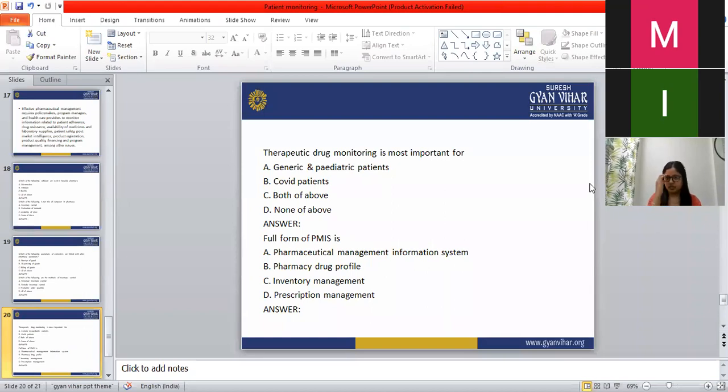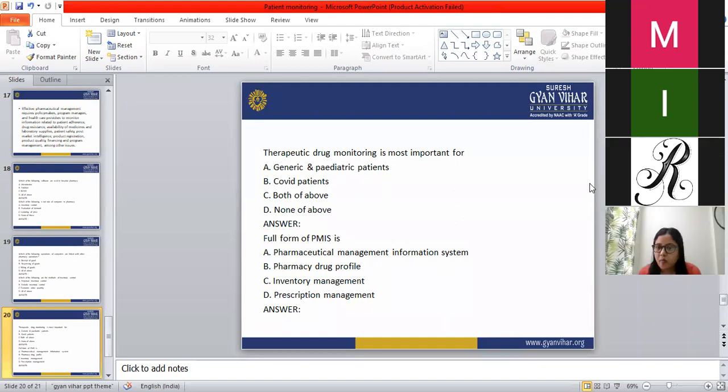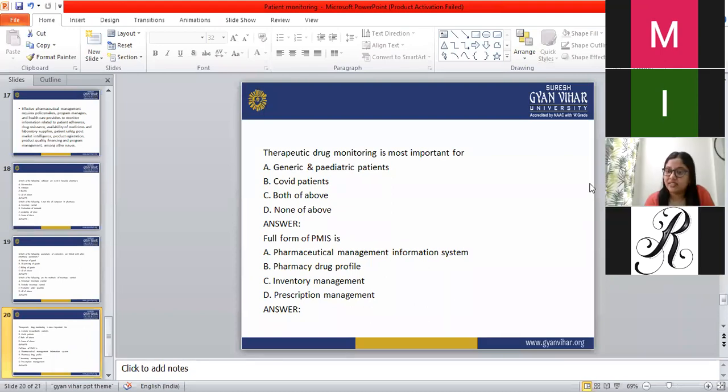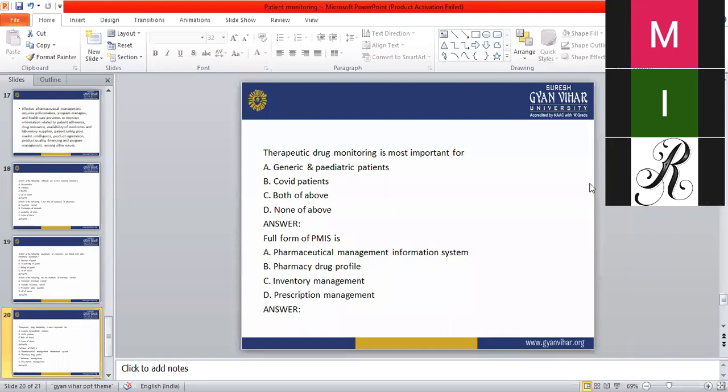Who is pediatric patient? Rahul Kumar? Rahul Kumar Prasad? Naseem? Who is pediatric patient? Ma'am, pediatric patient. Pediatric, you don't know? Yeah, Vinay.